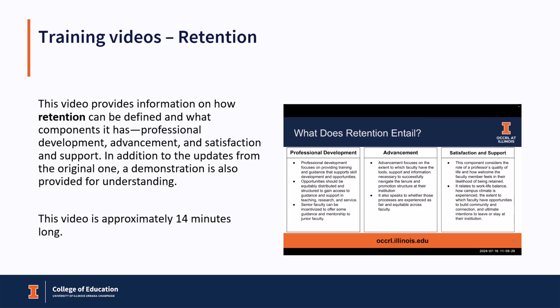The last component of retention is satisfaction and support, which is about the role of professors' quality of life and how welcome the faculty feels in their likelihood of being retained. Specifically, institutions can consider faculty members' work and life balance, the experienced climate, sense of belonging, and intention to leave or stay at their institution.